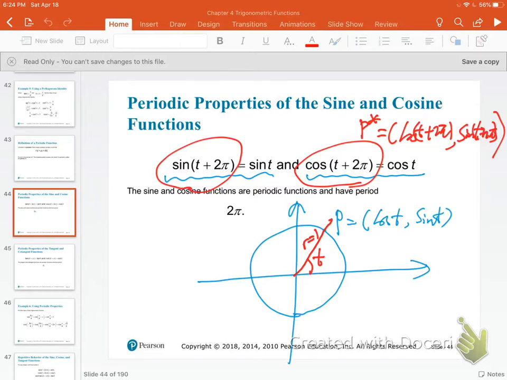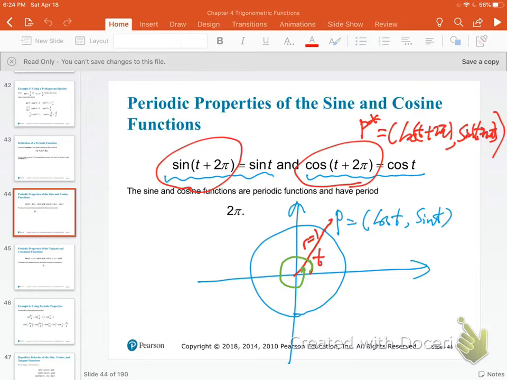This point P star will be on the unit circle with the angle t plus 2 pi. So now let's draw t plus 2 pi. Let's change the color. This is t, and t plus 2 pi will be this green angle.